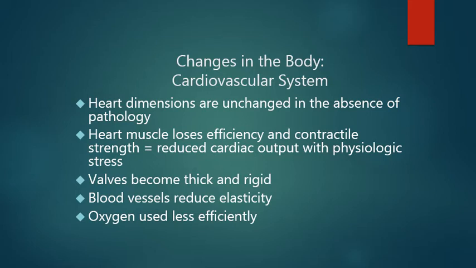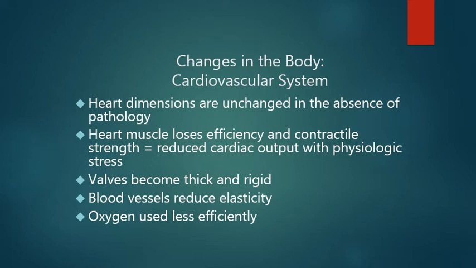Thus, we have reduced cardiac output with physiological stress. So the harder they work, and remember, we've already talked about the cellular changes, we're going to talk about other physiological changes that support the fact that they will experience physiological stressors, and therefore they're going to have reduced cardiac output.